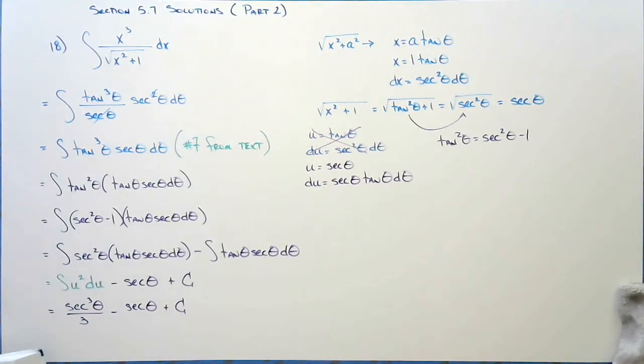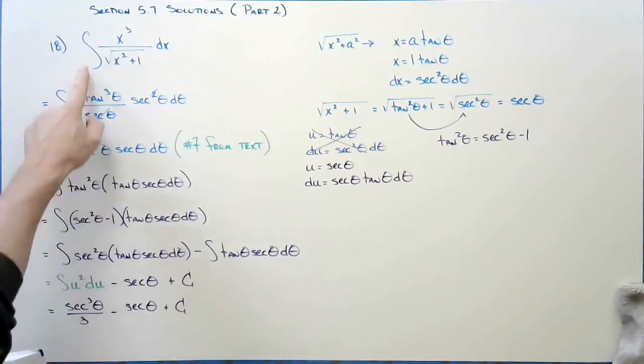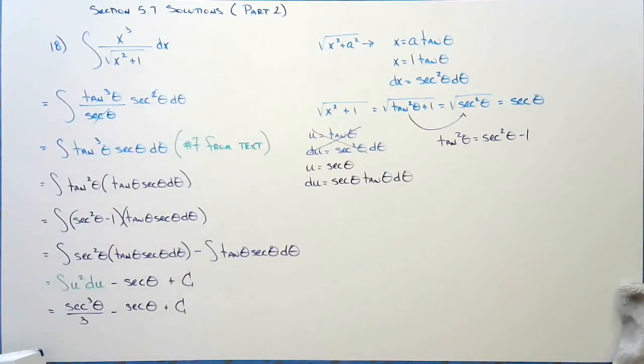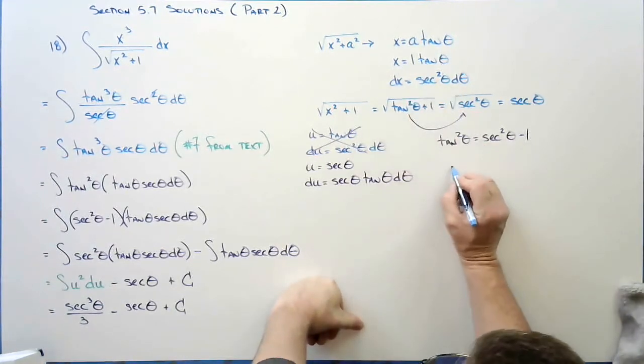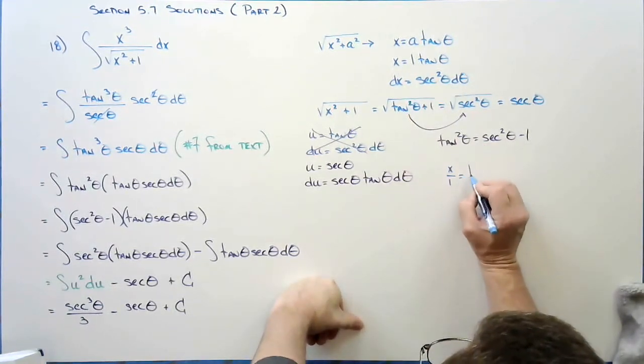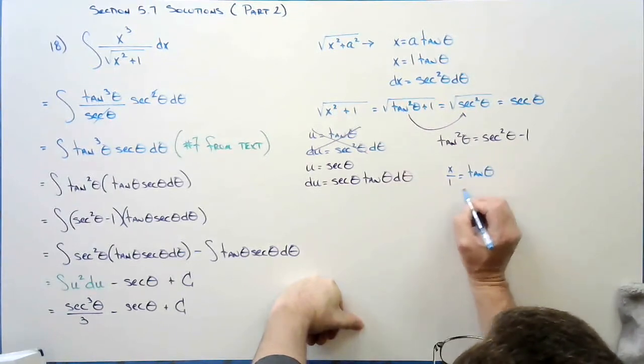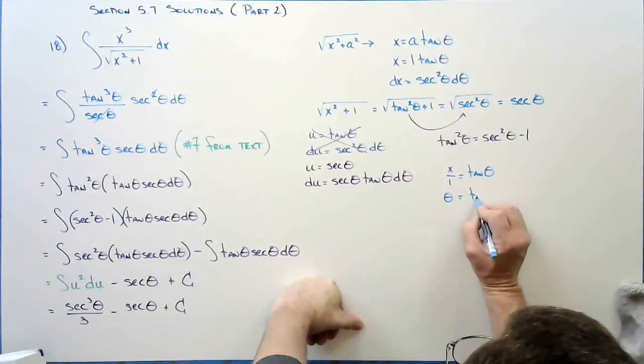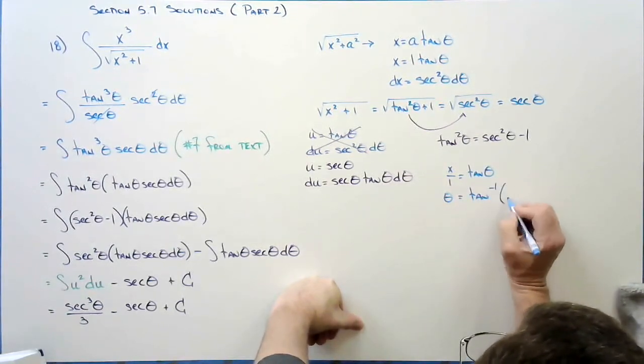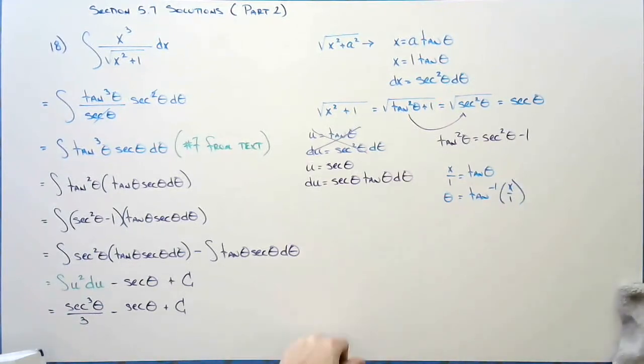And before we get all excited and look at our answer and think we're done, we're not finished, because this is in terms of u and our original problem is in terms of x. So we have to go back and make our substitution. Right here, we have x over 1 equals tangent of theta, or theta is inverse tangent of x over 1.